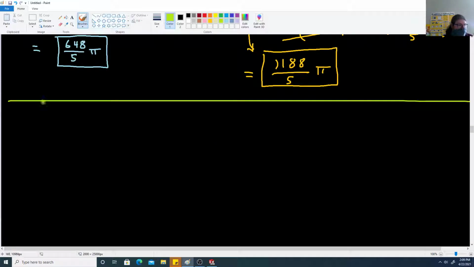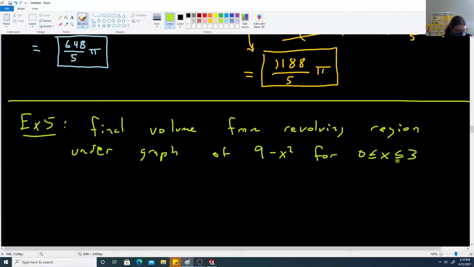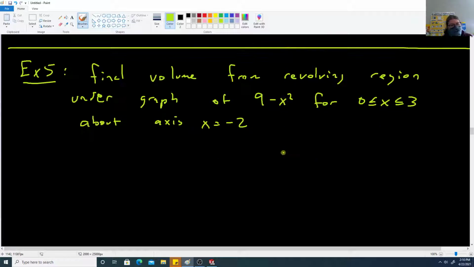We're going to look at this example here, which says we want to find the volume from revolving the region under the graph of 9 minus x squared for 0 less than or equal to x less than or equal to 3, about the axis x equals -2, which is a vertical axis.